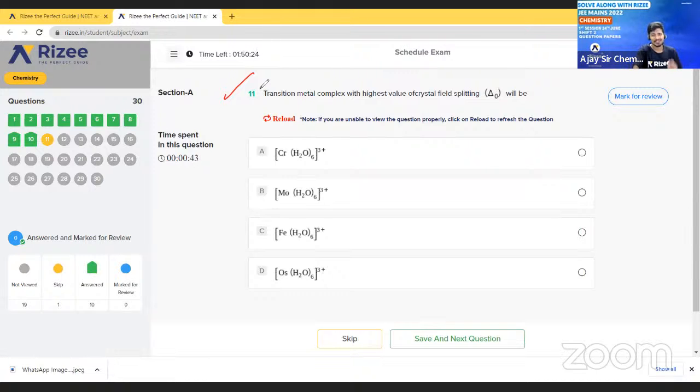If you calculate according to the CFSE rule, you will not get the correct answer. Just remember what the crystal field splitting conditions are for octahedral complexes. What are the conditions? Tell me. I'll give another 1 minute. It will take much time to complete the answer.